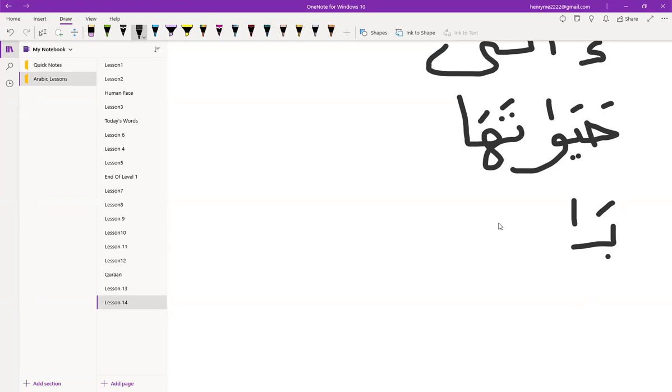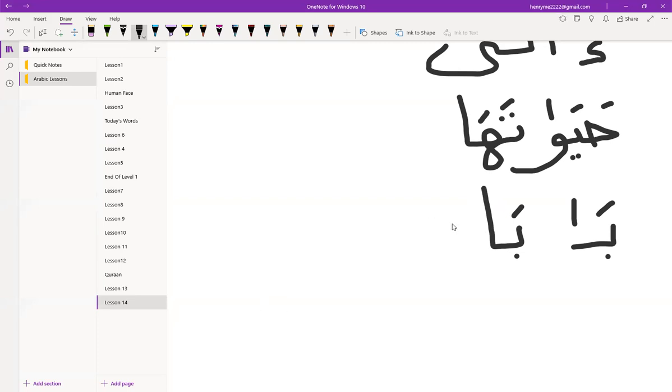Now we can write it in a different shape, and it will sound the same, but it will look different. The second shape is ba, ba. See, this is the short alif and this is the long alif, but they both sound exactly the same.